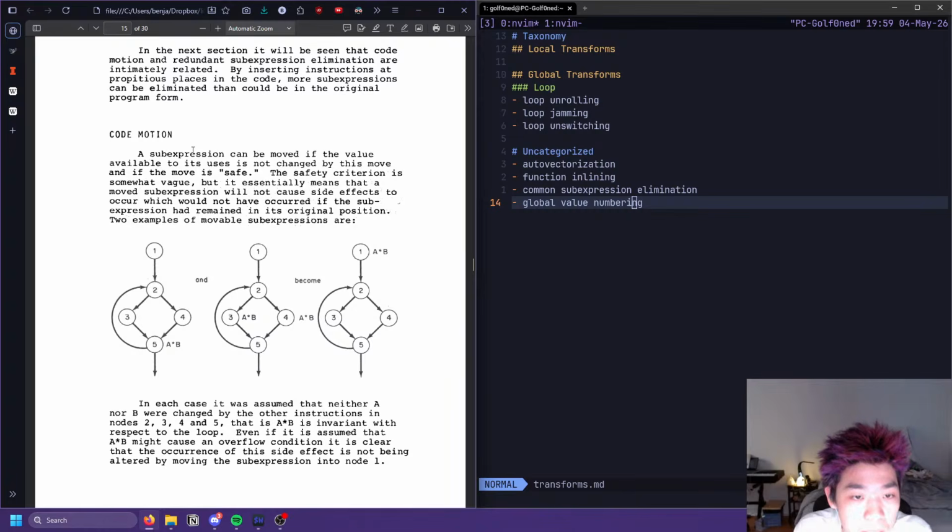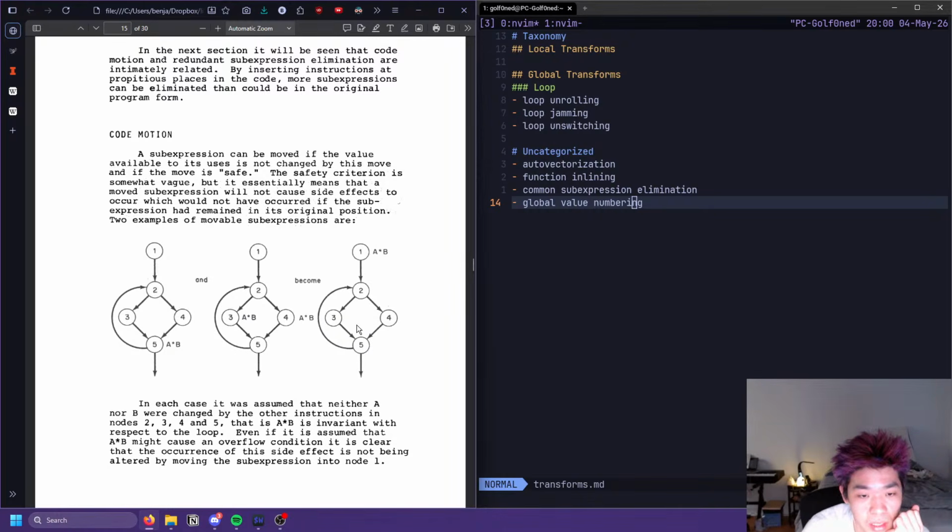Okay. Sub-expression can be moved. The value available to its use is not changed by the move. Okay, sure. So if it doesn't change dependencies, that makes sense. So this and wait, what? Wait. Oh, we hoist it up here. I see.